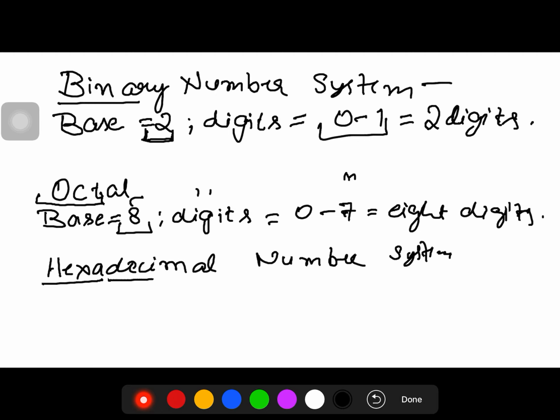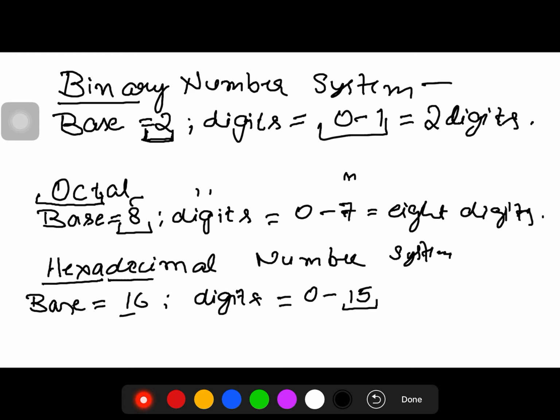Hexadecimal, hexa means 6 and deci means 10. Base of hexadecimal number system is 16, and the digits are from 0 to 15. Last digit is 1 less than the base.